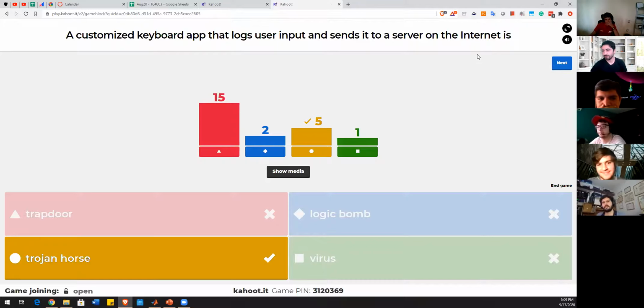Anyone want to argue? I answered Trojan horse because it's something that is disguised as something else, but in the background it does malicious things.